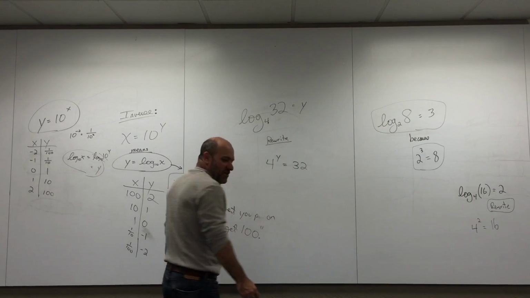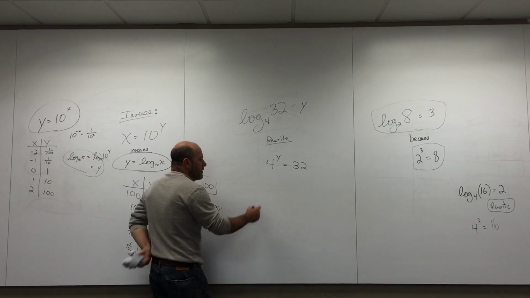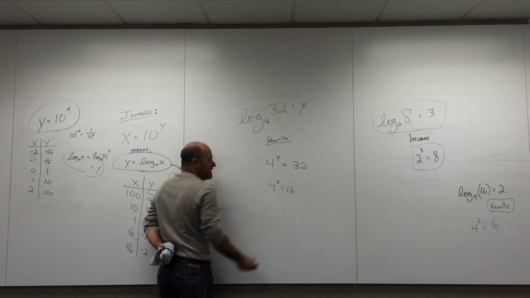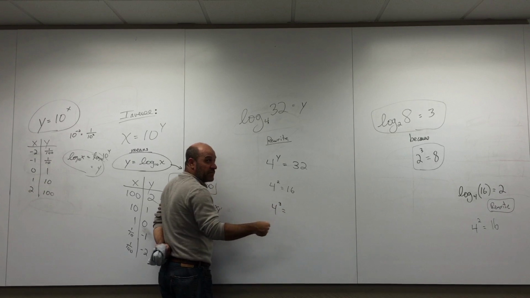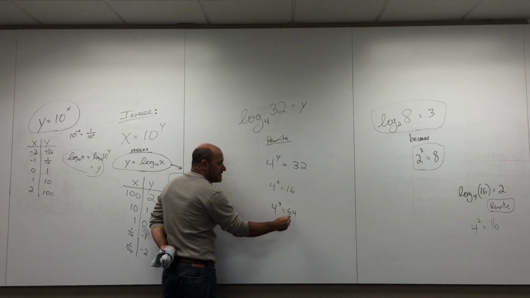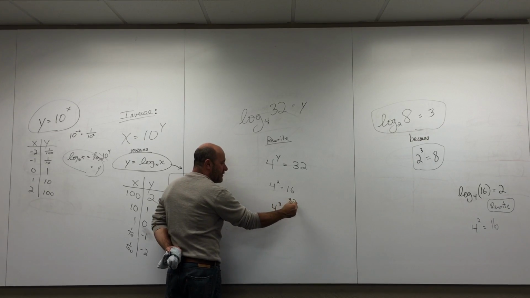And then you know what I would do? I would start guessing. Especially since it's a 32, I would say, well what's 4 squared? 4 squared is 16. That's not it. What's 4 cubed? 4 cubed is 4 times 4 times 4. I can pick up my calculator. That's 64. So it's got to be something in between that. How do I get 32?